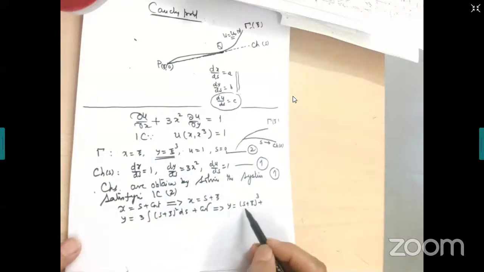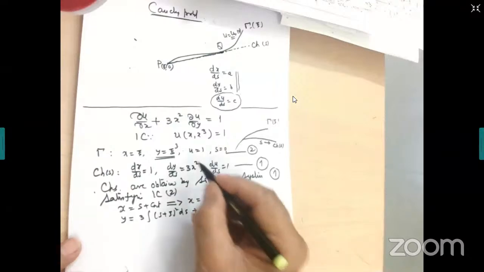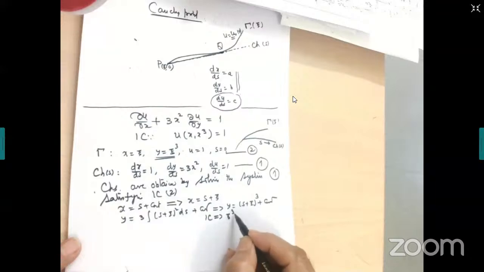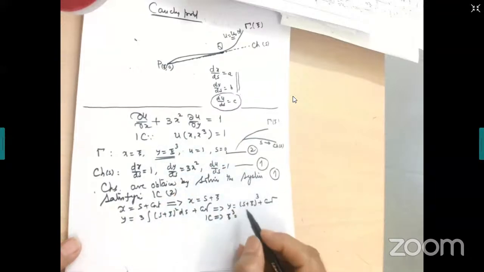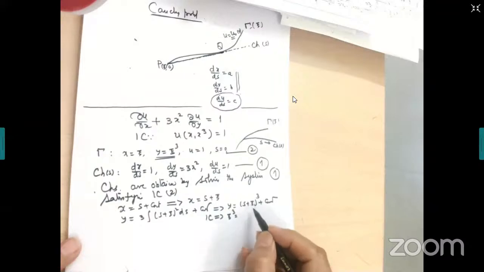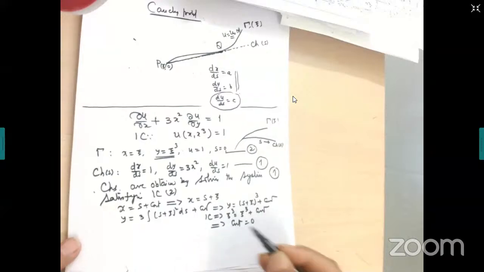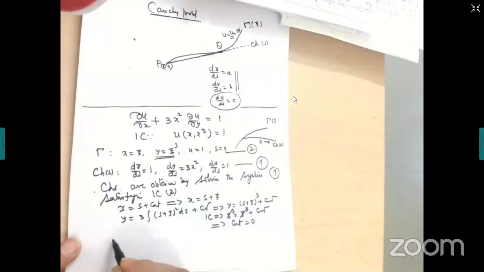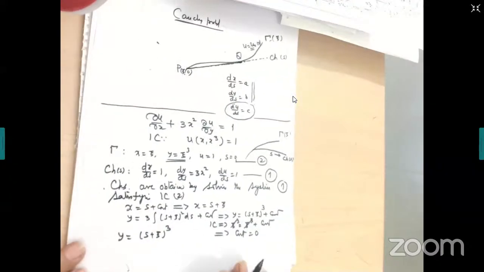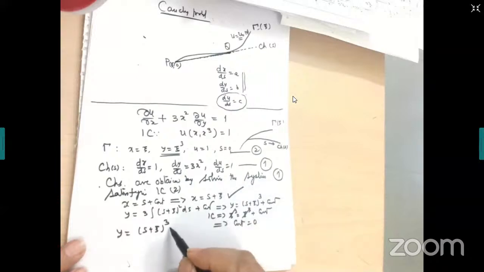So the first term on the right is simply xi cube plus constant, and this gives me that the value of the constant should be 0. This gets cancelled, and therefore y is (s plus xi) whole cube.